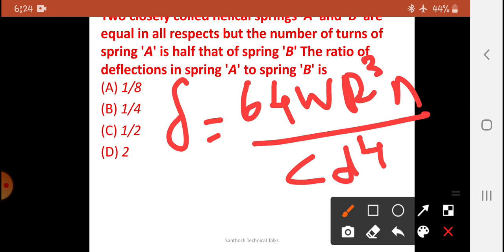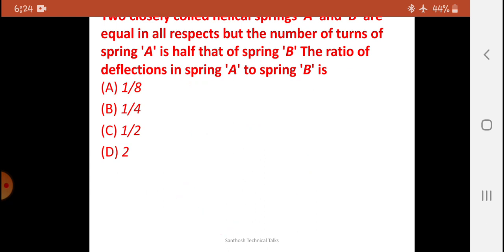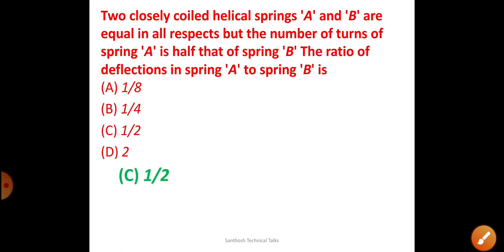Deflection is directly proportional to the number of turns. If the number of turns is N by 2, the deflection is also 1 by 2. So it is directly proportional.